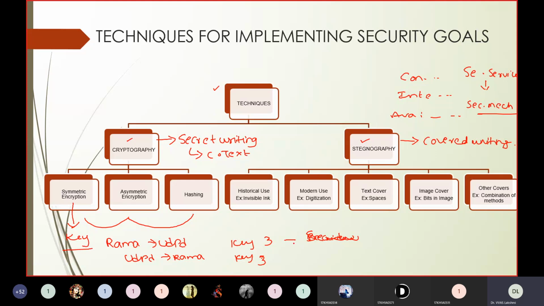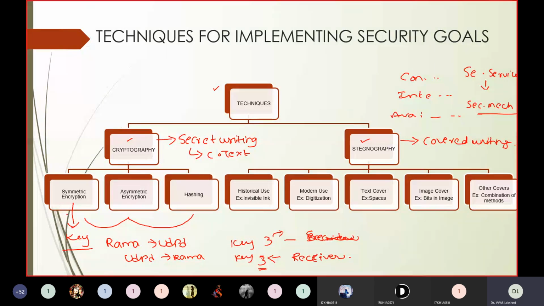Here the sender shifts forward by 3 characters and the receiver again shifts backward by the same 3 characters. Then we will get Rama from UDPD. This is the technique behind symmetric encryption.